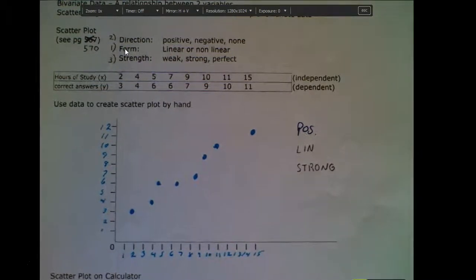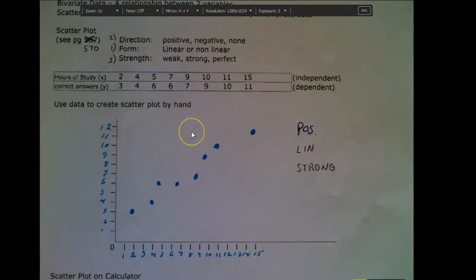The reason I put the form first is because if the data is not linear, so if you determine that it's not linear, then you don't even do steps 2 and 3. So we don't give it a direction or a strength if it's not linear. So the first thing we have to determine is, is it linear? And if it's linear, then we're going to give it a direction and a strength.